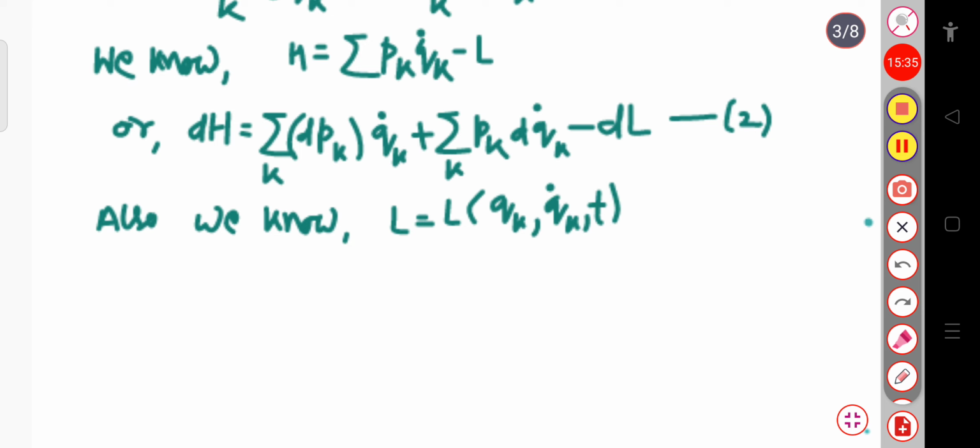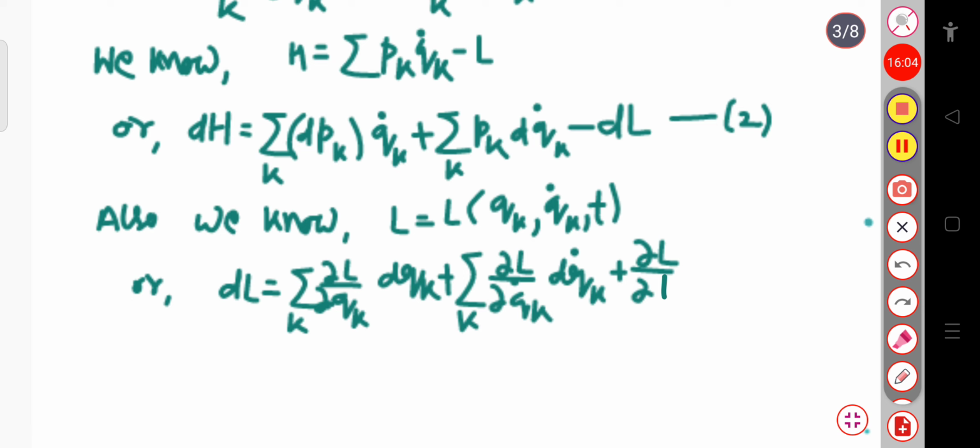If I take the differential, dL can be written as sum over k ∂L/∂qk into dqk, plus sum over k ∂L/∂qk dot into dqk dot, plus ∂L/∂t into dt. This is the representation of the differential of the Lagrangian. Suppose this is equation number 3.